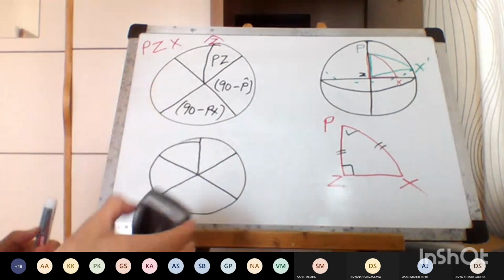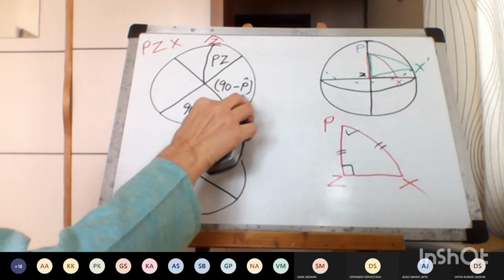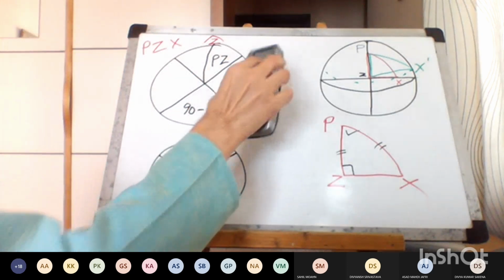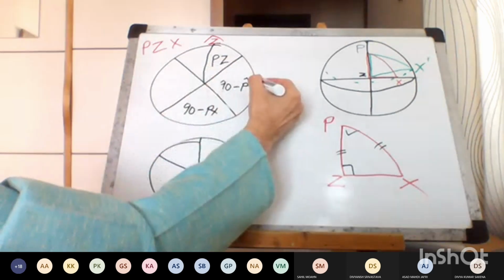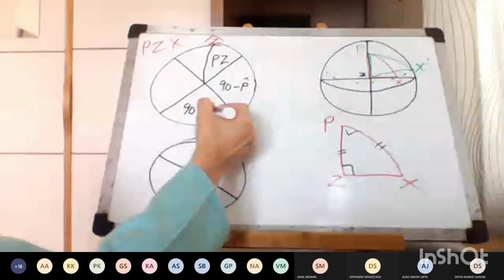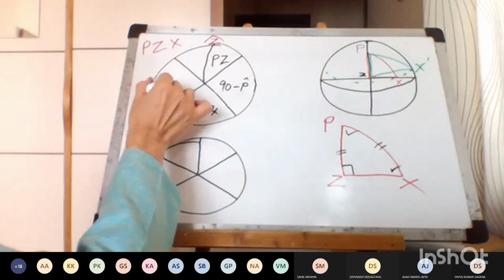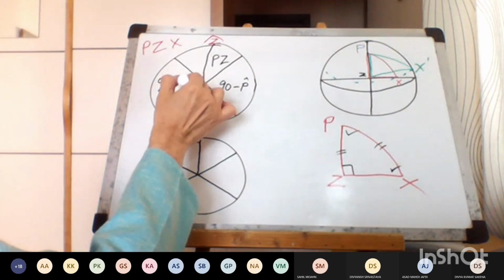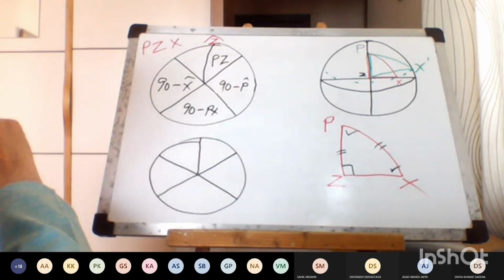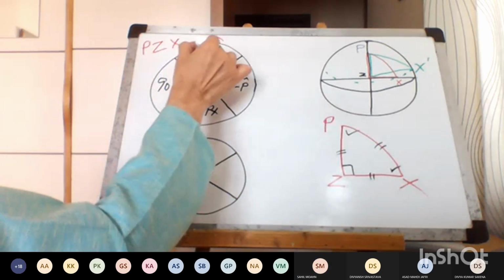Do I need to give the bracket? Let's remove the bracket. Small figure, it will confuse you. 90 minus angle P over here. 90 minus PX. After 90 minus PX, angle X. 90 minus angle X. After that, side ZX.